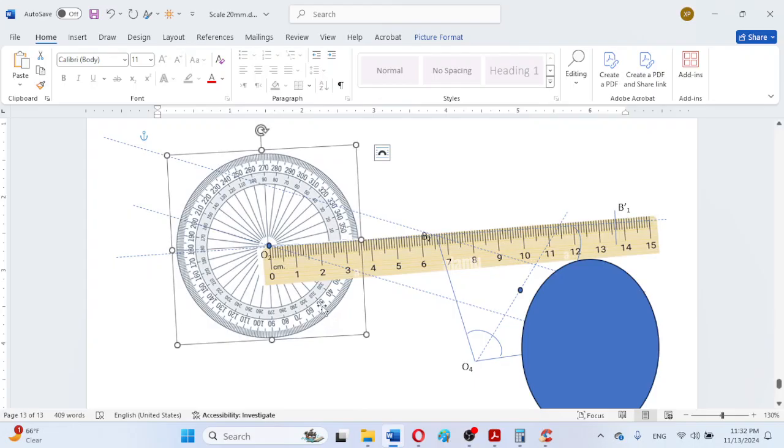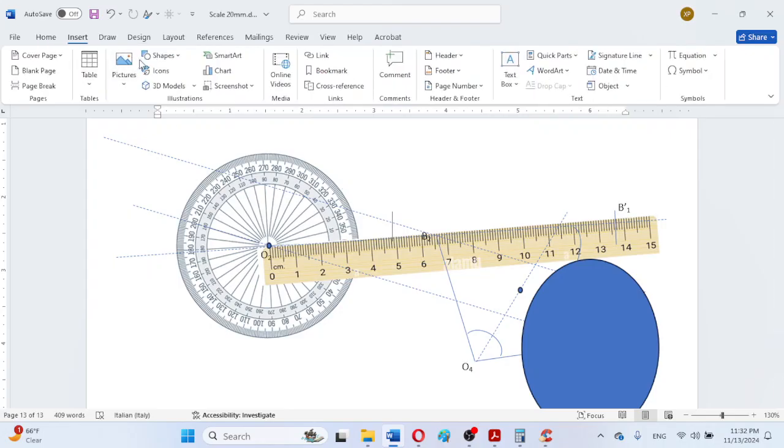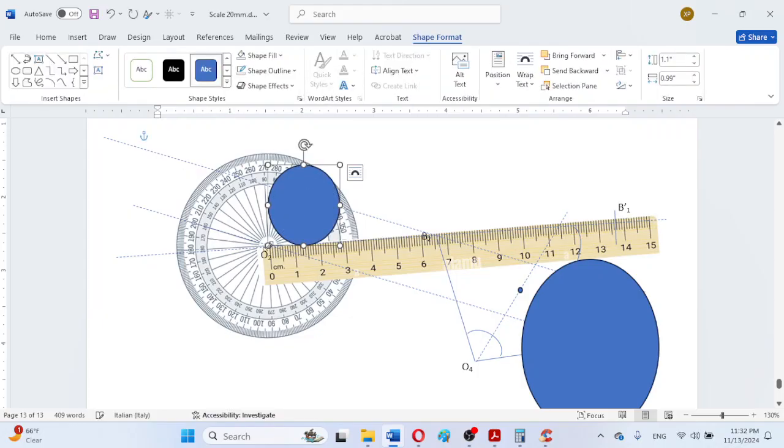Here the boundary of the protractor is at 3.5. Practically we can use just a compass with radius equal to 3.5 and describe a circle. So now for example you can use this shapes area like this and just resize it.